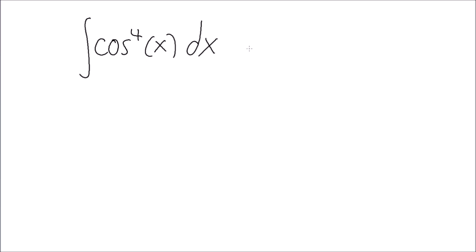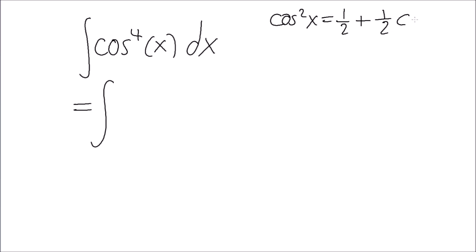A little bit more difficult. So here you have cosine to the power of 4. So we're going to let cosine square, we're going to substitute cosine square with 1/2 plus 1/2 cosine 2x. This is another trig identity that's helpful to memorize.